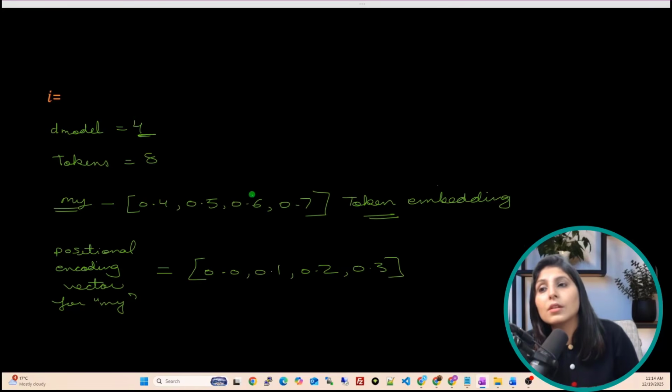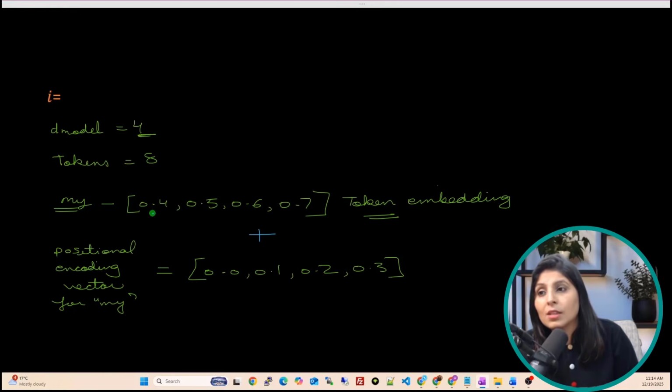Now, why do we need the same number of values in both the positional encoding vector and the token embedding vector? Because we want to perform element-wise addition on them. Using that element-wise addition, we will add the position of each token to its token embedding.